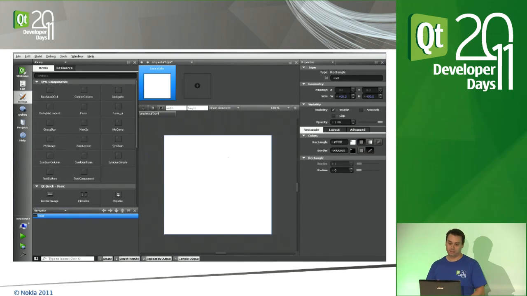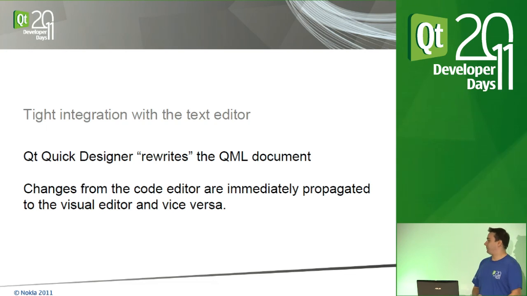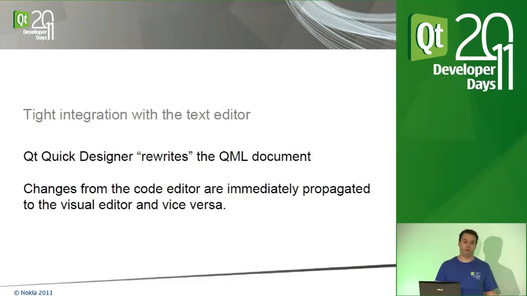I already talked a little bit about that. When we knew that QML is a thing we have to design for, we quickly found out that this standard approach of loading and saving a file won't work. QML is a declarative programming language.